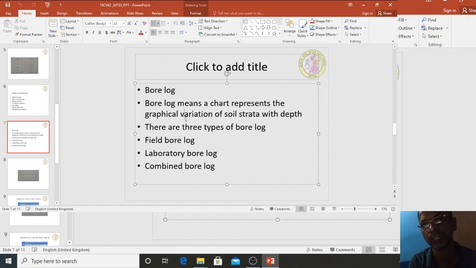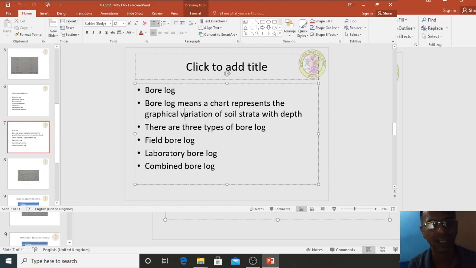At 1 meter we excavate and get black color soil. At 2 meter it is cherry red color soil. At 3 meter it is black color soil. This has to be recorded officially in a table, recording the variation of the soil strata with the depth.